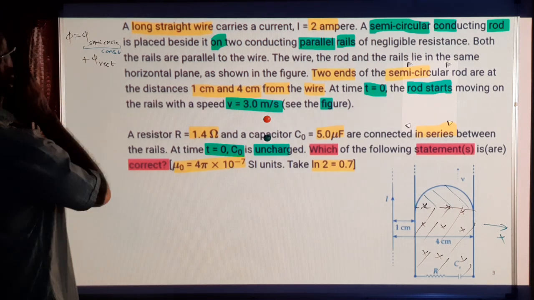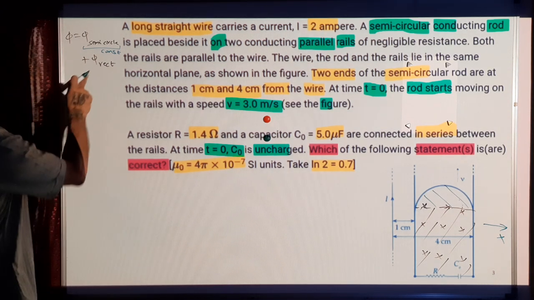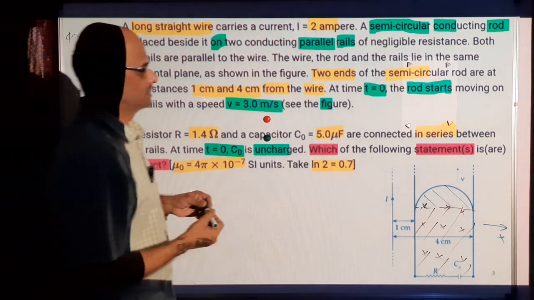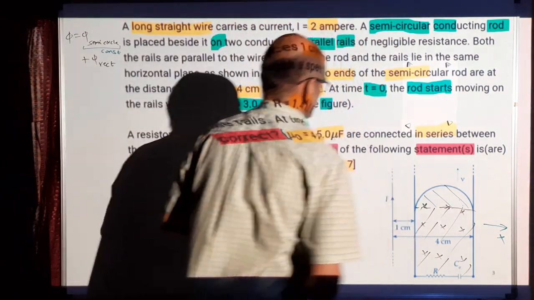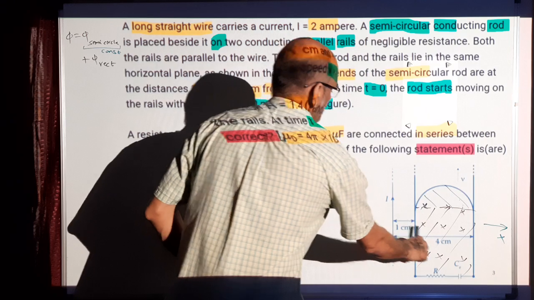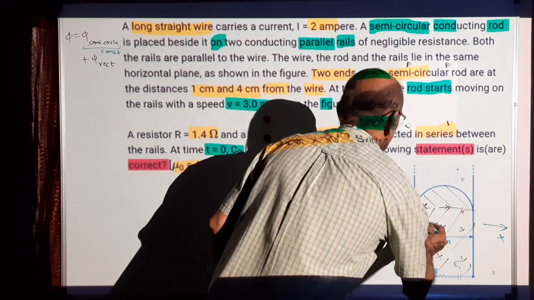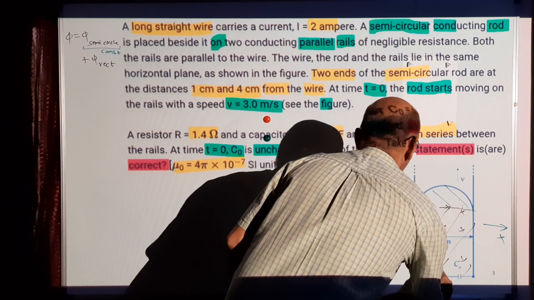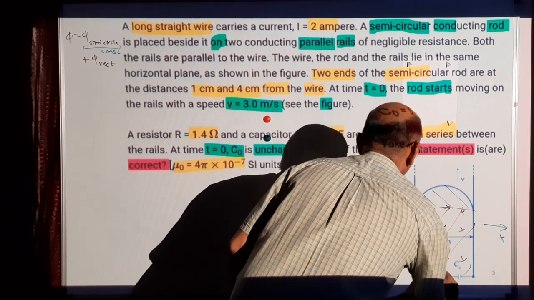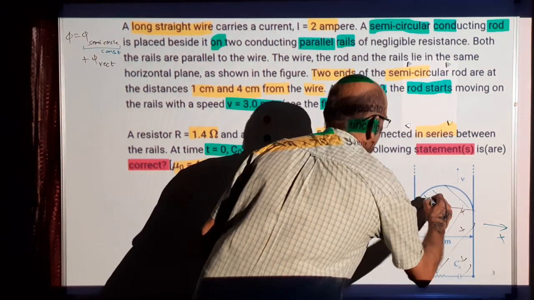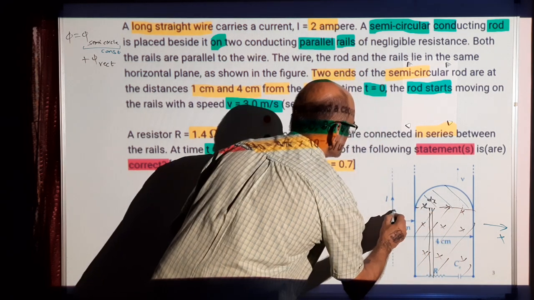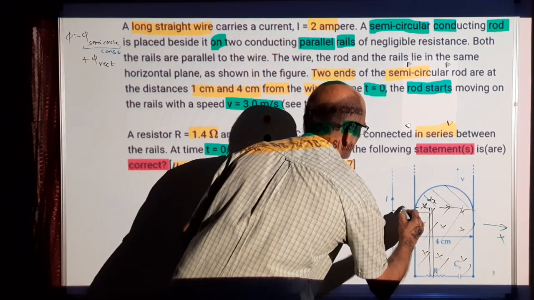So the flux of this rectangular part we can calculate. First, you have to find the magnetic field due to this current carrying wire at any point. So let me take this strip here of thickness dx at a distance x from the wire.